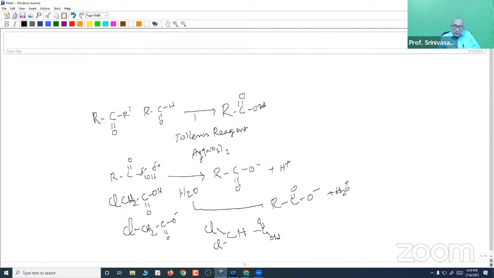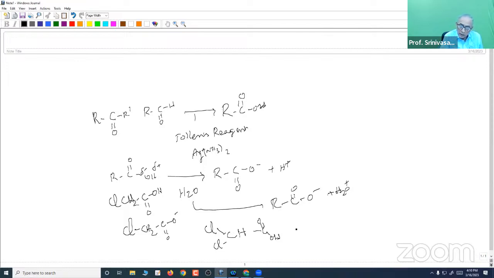Therefore, you'll find that the ionization of the H to H plus will be even easier and greater in magnitude. Therefore, dichloroacetic acid is more acidic than chloroacetic acid.